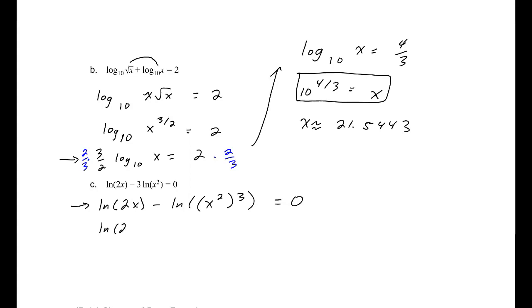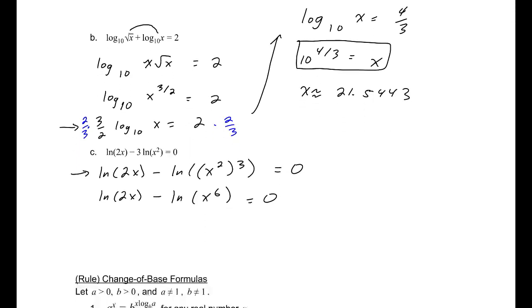That way, I can have 2 natural logs with no coefficients. I can write that as x to the 6. Now, there's a difference there, so I can turn this into a quotient based on property 2. So that is 2x over x to the 6.